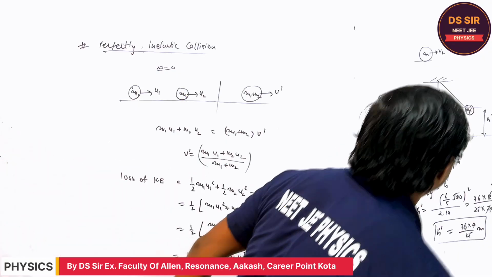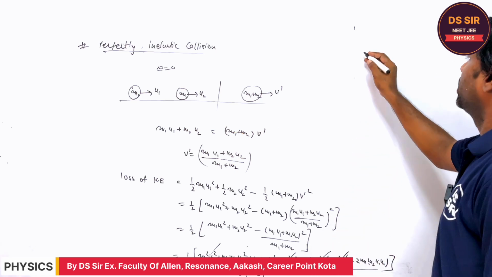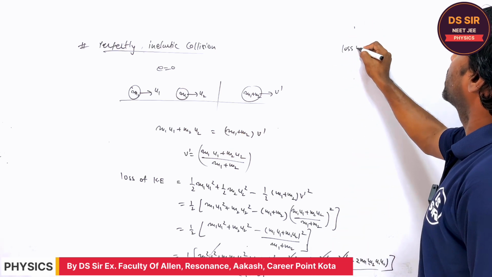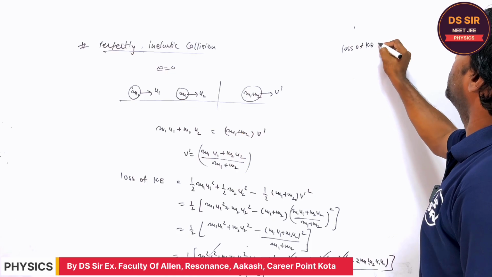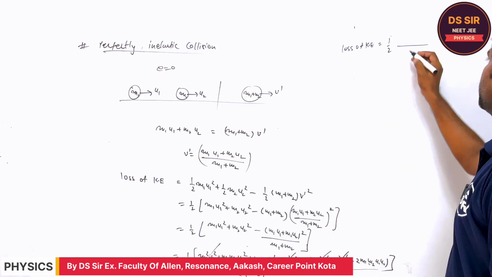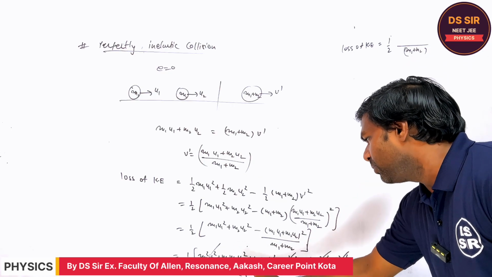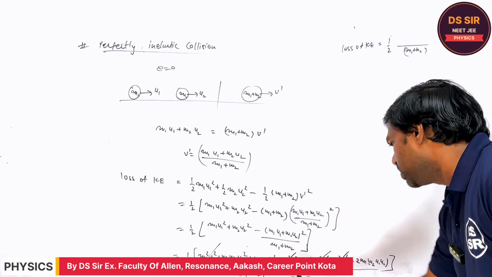What will be left? So the loss of kinetic energy we are finding is equal to 1 by 2, in the denominator m1 plus m2, and m1 m2 u2 square, m1 m2 u1 square.